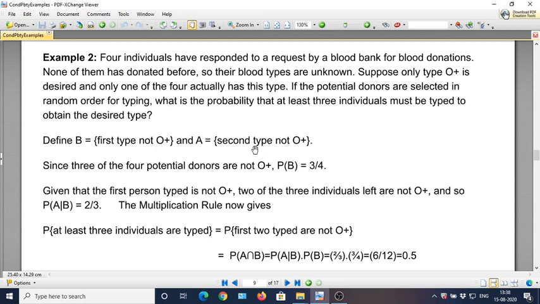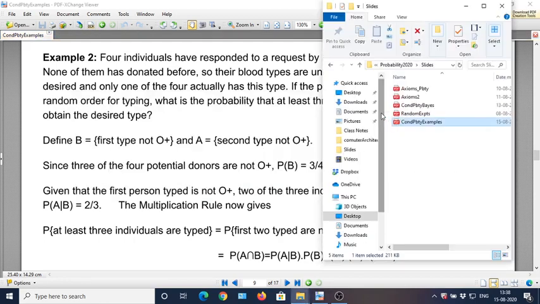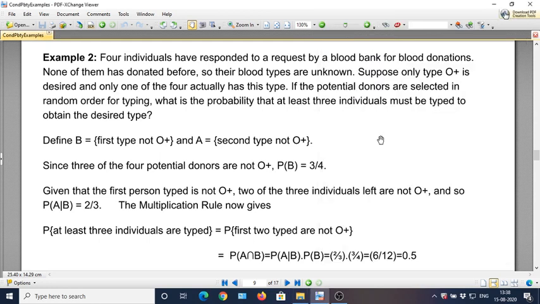Then only will we go for the second experiment. So the question is, at least 3 individuals must be typed, which means the third individual or the fourth individual should have the desired blood type. This is what we have to find out.